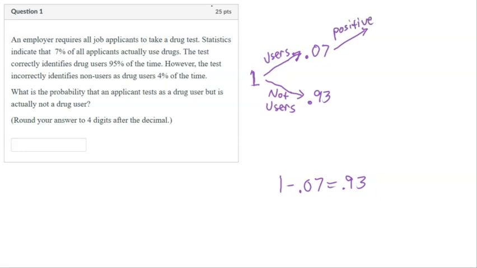Some of them are going to test positive as drug users, and some of them are going to test negative, NEG, as drug users. So we need 95% of 0.07, which is 0.07 times 0.95. Now we're going to switch over to a calculator.